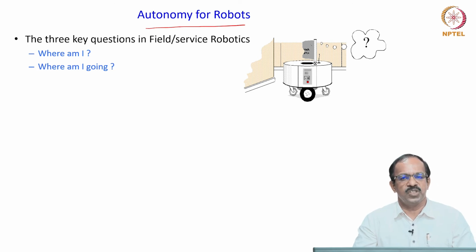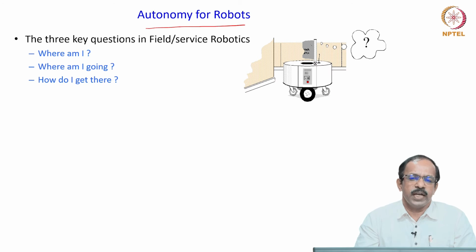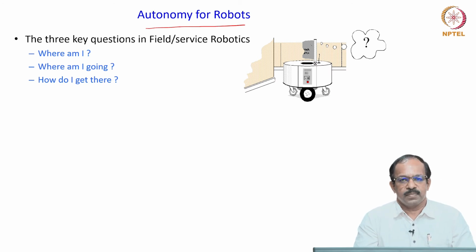That is the next question. So: where am I, where am I going, how do I get there? If a robot can answer these three questions, then the robot is autonomous. How we can make the robot answer these three questions is the critical issue in autonomous mobile robots. For any autonomous robot, these three questions are very important.